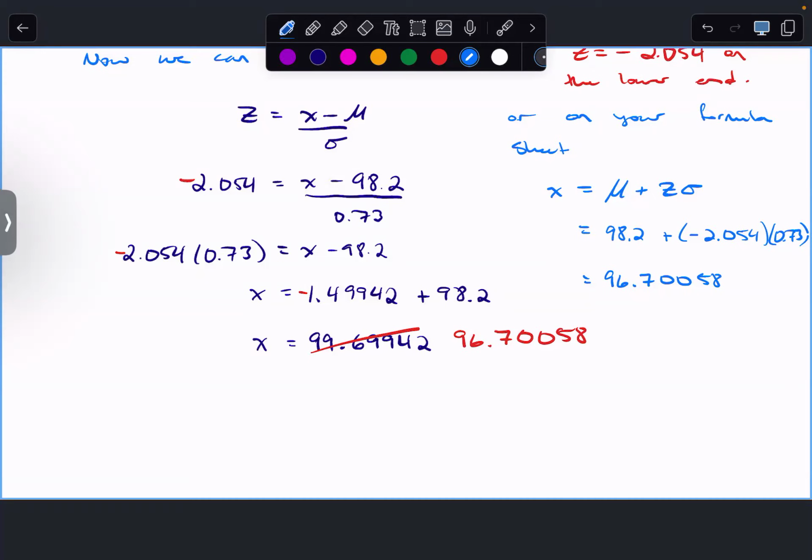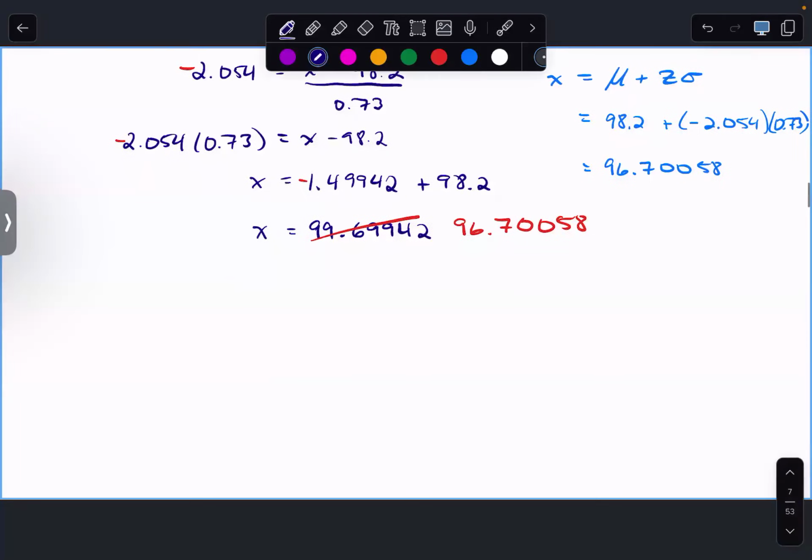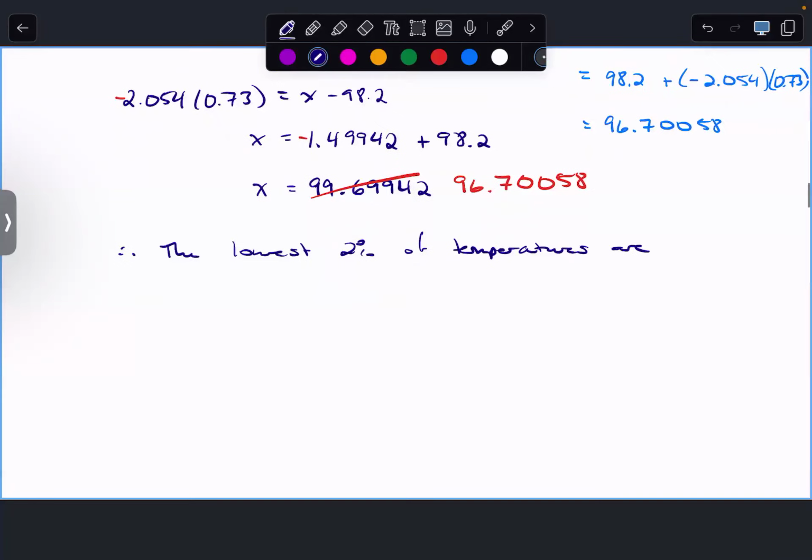It's just depending on how comfortable you are rearranging the formula, right? But nothing crazy. Therefore, the lowest 2% of temperatures are below 96.70058 degrees Fahrenheit.